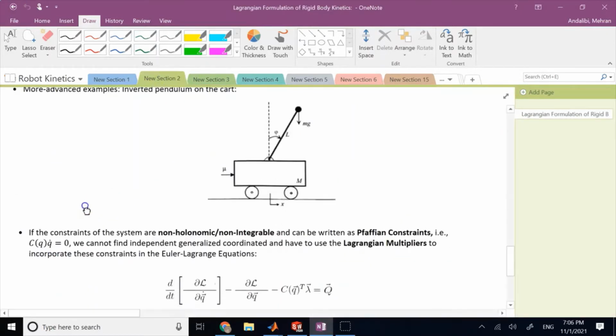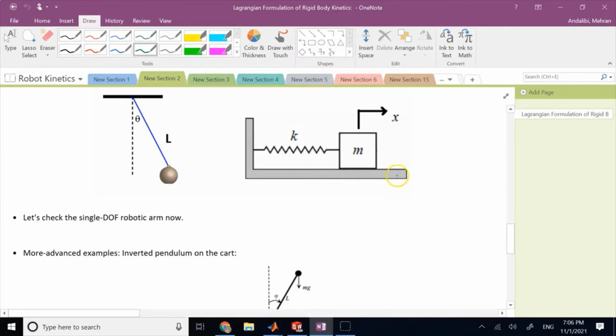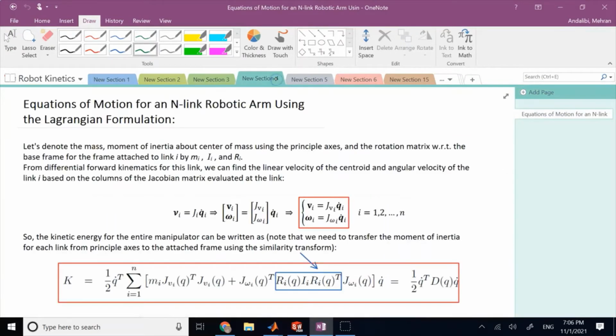Now, that was a system with 2 degrees of freedom, and you can apply it to more and more degrees of freedom. As I said, I will be doing that in my next video, where I find the equation of motion for an n-link robotic arm using the Lagrangian method. So here we assume the robot has n links in general. It's an open chain.